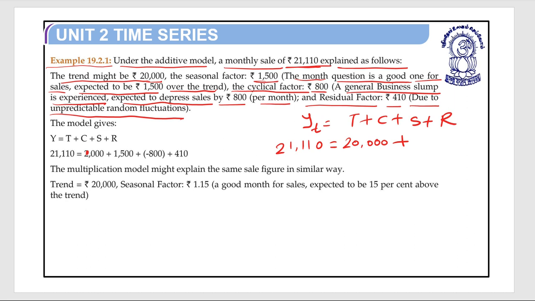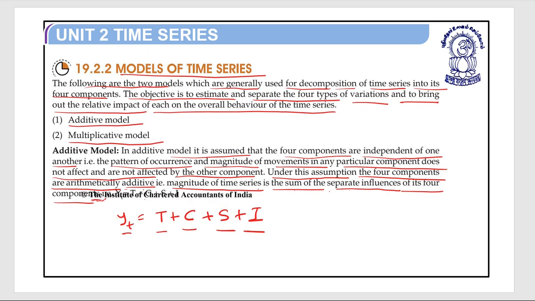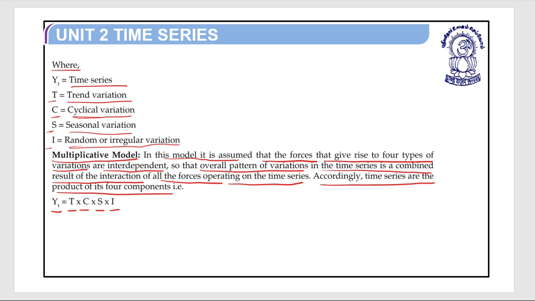The seasonal factor is rupees 1500. The cyclical factor is 800: a general business slump is experienced, expected to depress sales by rupees 800 per month. Since it is decreasing, we write C as minus 800, because in the additive model C means cyclical variation.